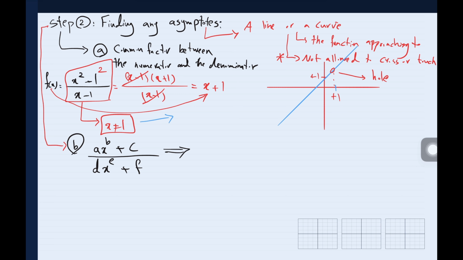So I have to check the power of the leading term. What is the leading term? The leading term in a polynomial is that term which has the highest power.